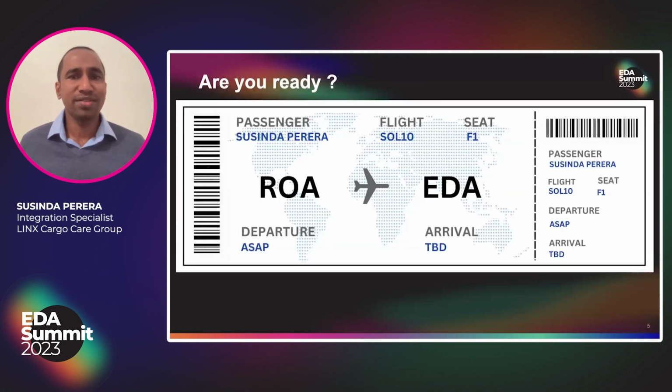Okay, what is this? It's my boarding pass. It looks a bit weird, doesn't it? It has both departure and arrival times, which you don't normally see in other boarding passes. I have to depart as soon as possible, and the arrival date and time is TBD, that is, has to be decided later.